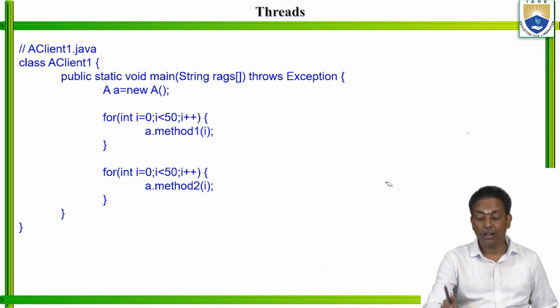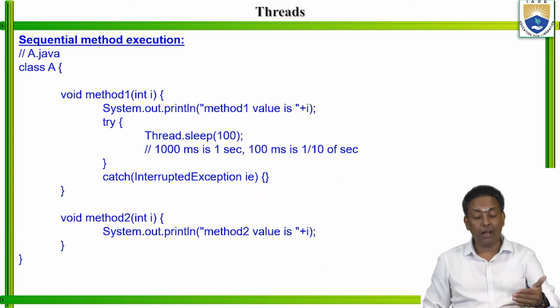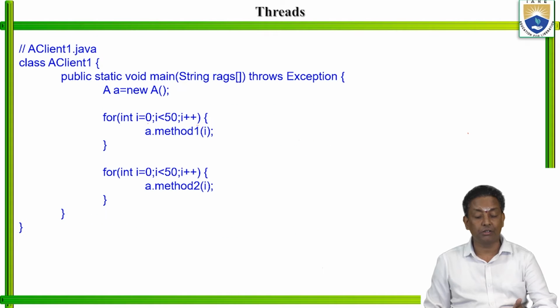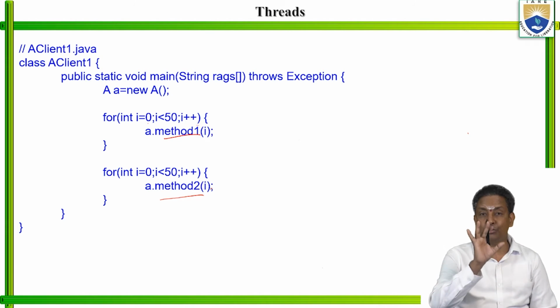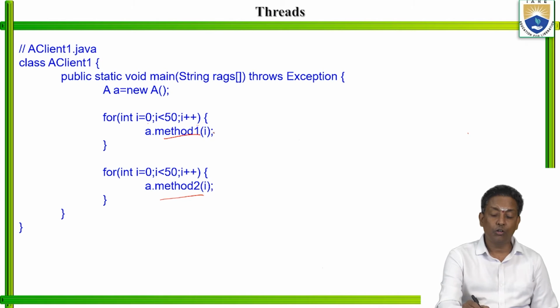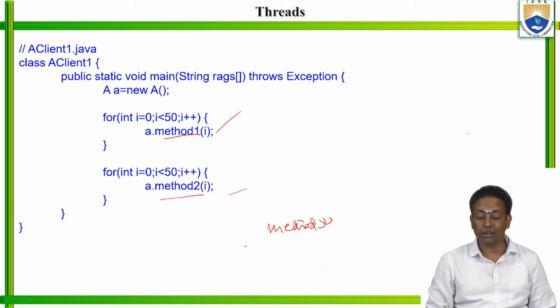That is the point. As a developer, it is now clear, comparing sequential method execution, why we need multithreading. Though method 1 gets delayed, method 2 up to method 50 or 100 do not want to wait for method 1 to complete its execution.